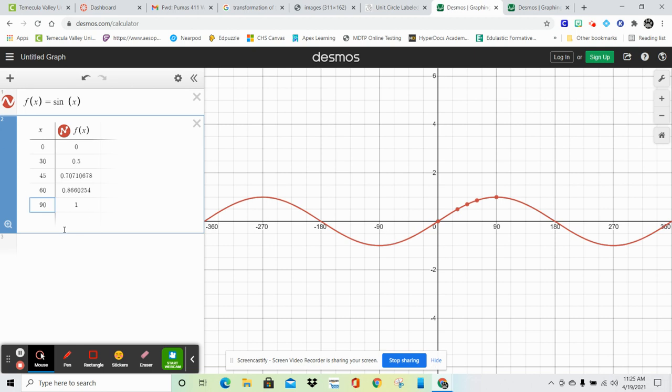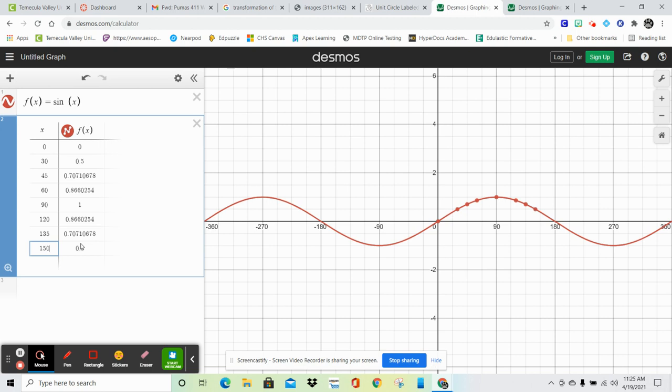And then it's going to start to repeat itself. So if I go 120, that's the same as 60. 135, that's going to be the same as 45. And then 150 should be the same as 30. And then 180 is going to be 0. So you see all these points start to populate on the graph.